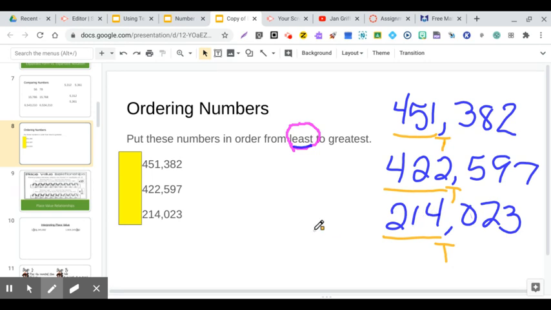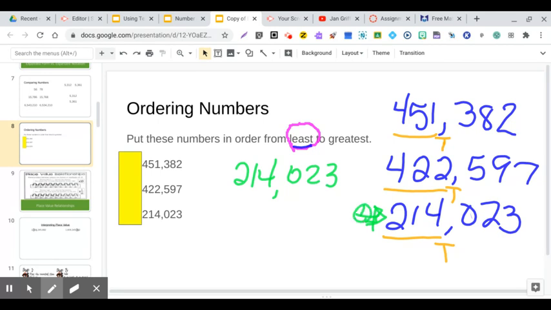So which of those is the least or the smallest? Well, you can see that the 214 is the smallest. So this is the smallest number. 214,023.